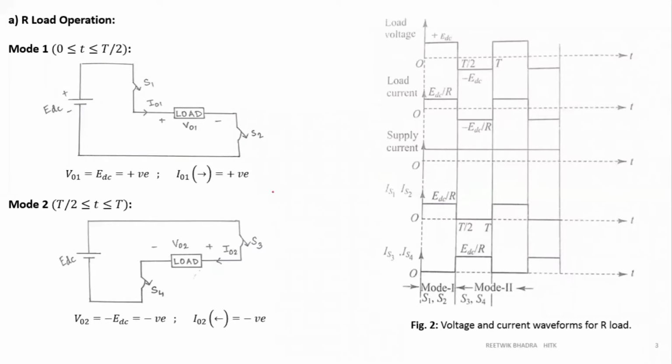So mode 1: 0 less than or equal to t less than or equal to T by 2. Your axis is t taken over here, so you have to write t over here. If you take omega t, no problem, you could have used omega t over here. Then this point would have been pi, and this point would have been 2 pi.